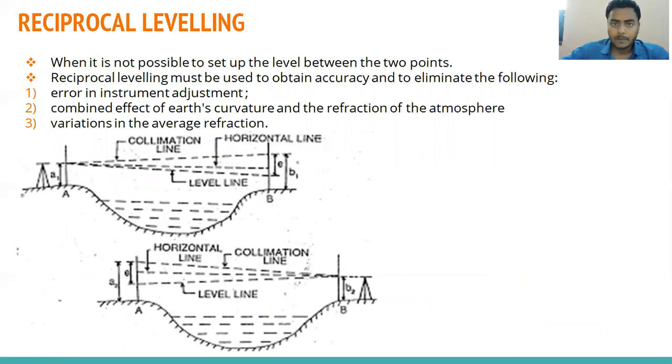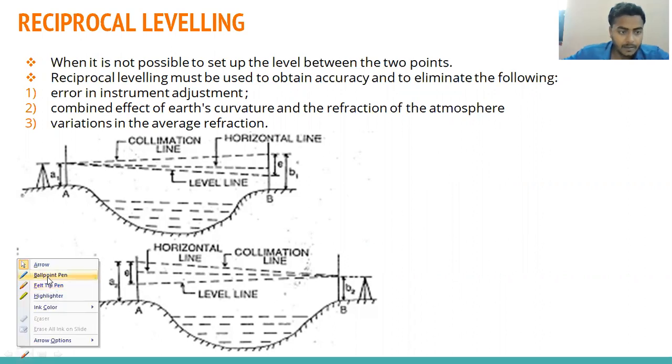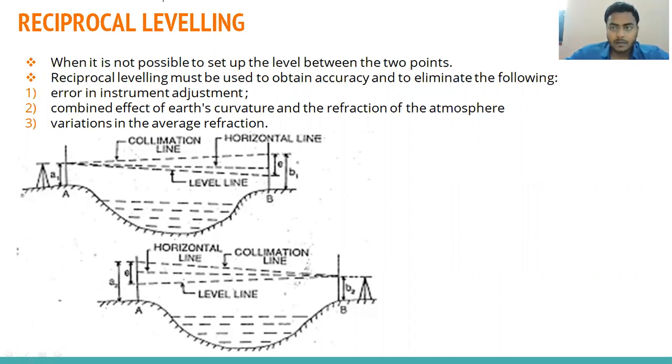Now, reciprocal leveling. Reciprocal leveling is a special type of leveling, we can say, when in the leveling work we cannot keep the instrument in between two stations. Suppose we are doing leveling across a river.